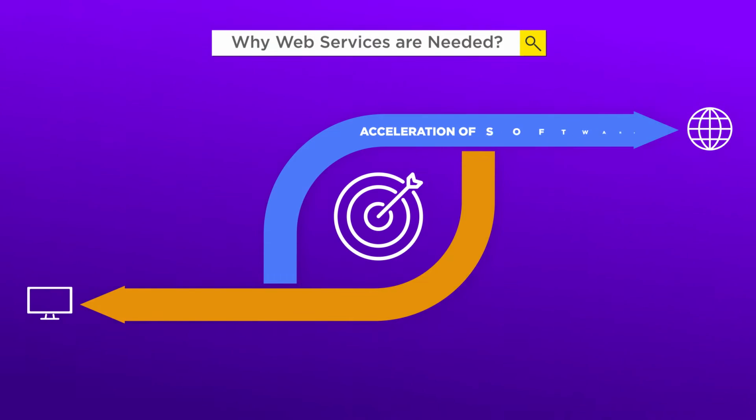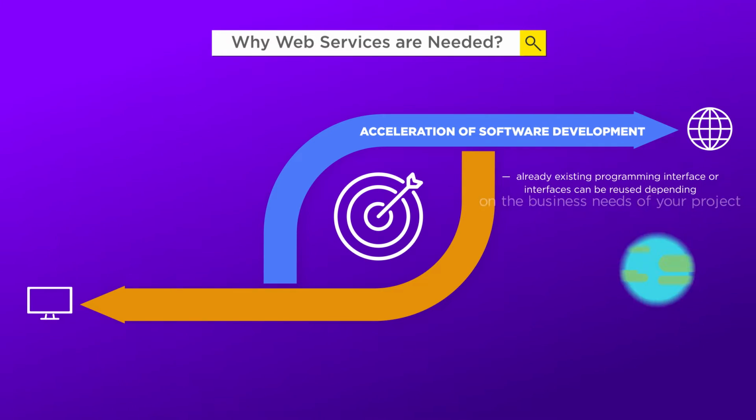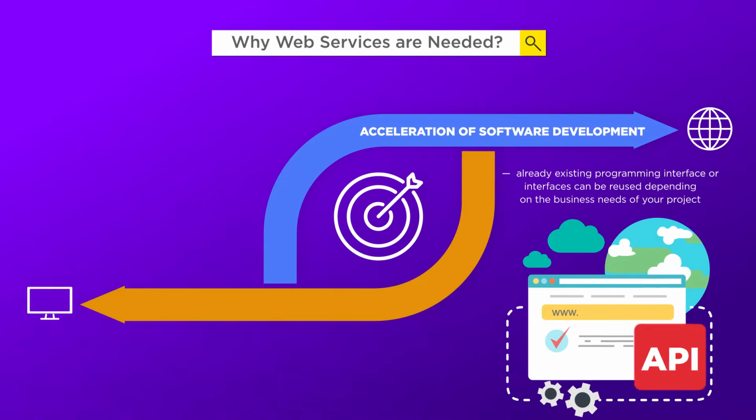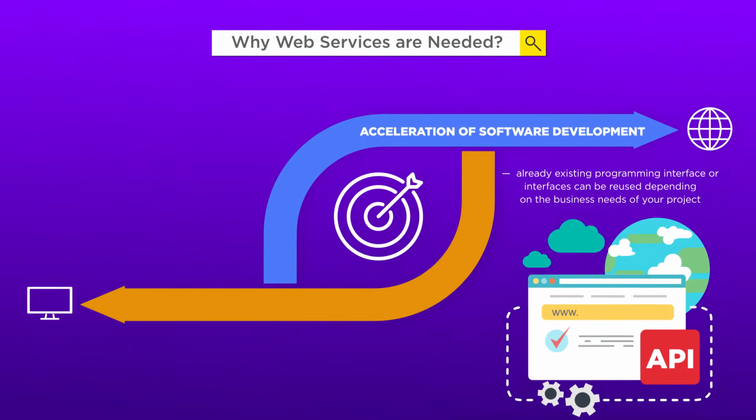First, the main purpose of creation of API for your web application is to accelerate the software development process. With the help of APIs, developers can just reuse the existing programming interface to develop new features. For example, if you want to develop a website that shows weather in different cities of your country, you can just use APIs that meteorological centers of your city provide.